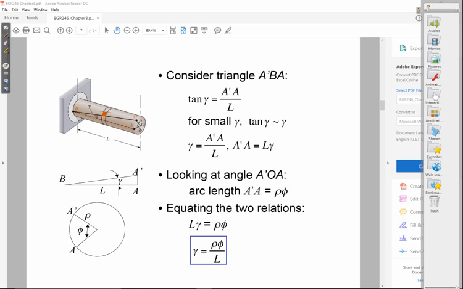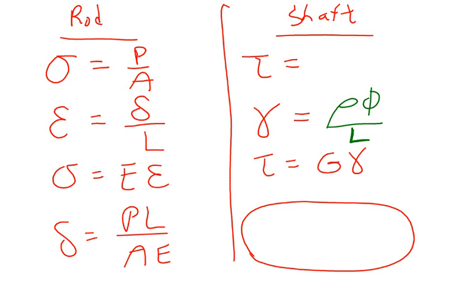The radius corresponding to the outer surface, we're going to denote as C. So what that means is that your shear strain varies from 0 at the center of the shaft, down the midline of that shaft, and it starts increasing linearly until it reaches a maximum at the outer surface of the shaft. So when you apply torsion to a shaft, maximum strains, and of course that means maximum stresses, occur on the surface of that shaft.